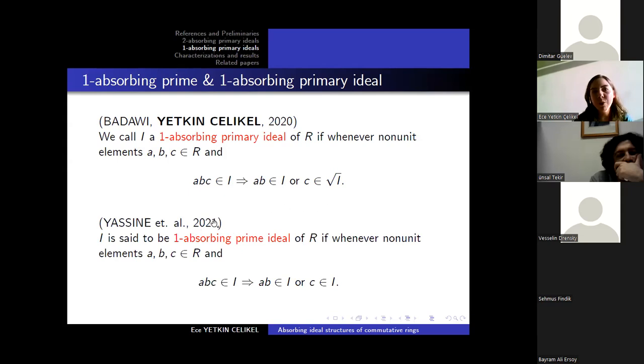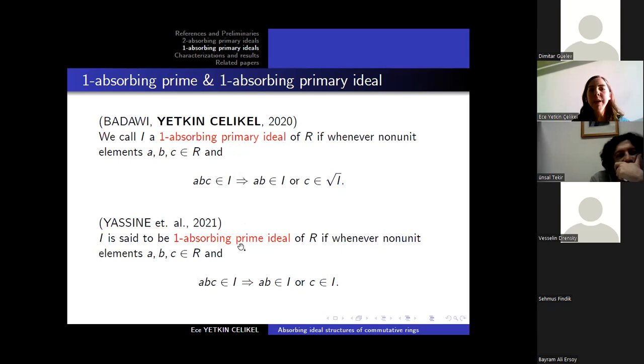And Yassine et al., one year later, said that I is said to be a one-absorbing prime ideal of the ring if you have this condition, just interchanging the radical by I itself. So every one-absorbing prime ideal will be one-absorbing primary, of course, but the converse is not true.